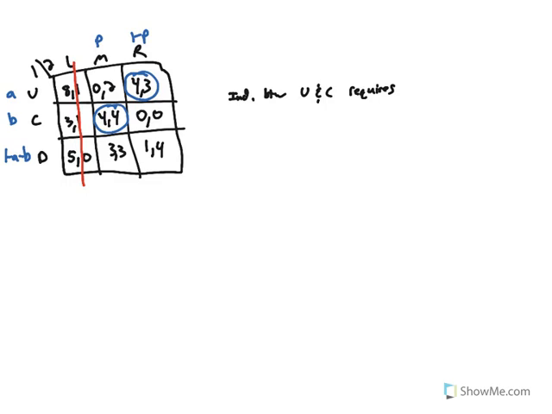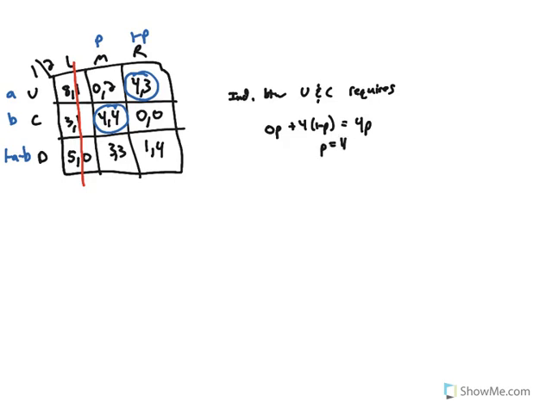All right. U and C being indifferent, I would require that 0 times P plus 4 times 1 minus P is equal to 4 times 1 minus P, times P, plus 0, okay? Which gives us 4 minus 4P, so it's going to be an 8P on this side and a 1 on that side.